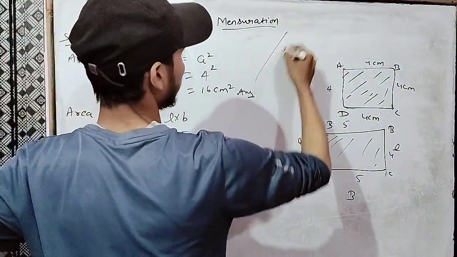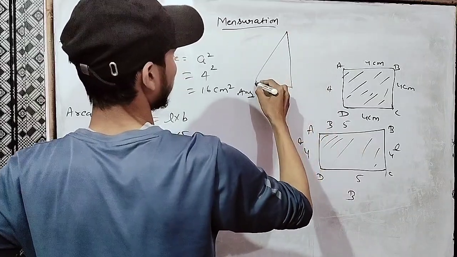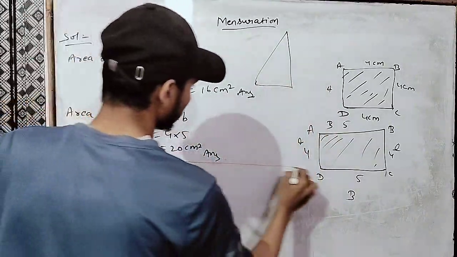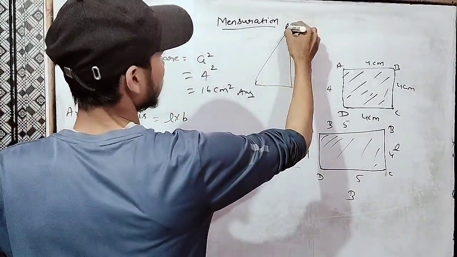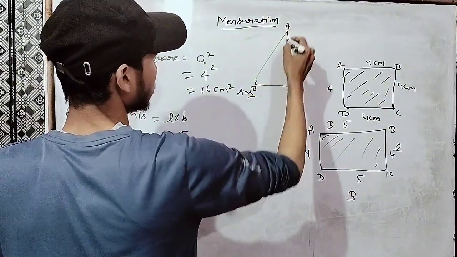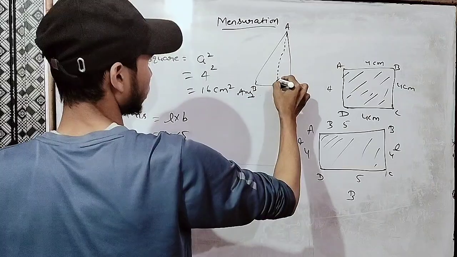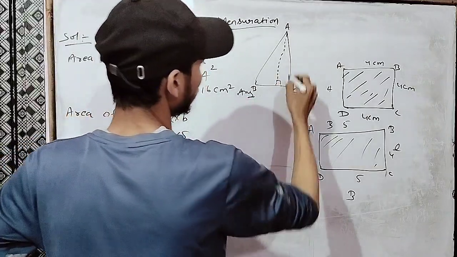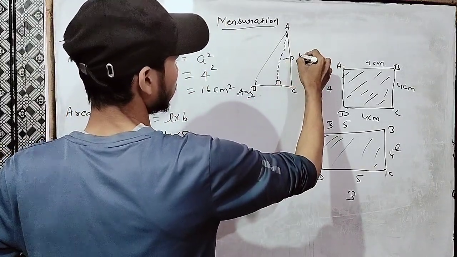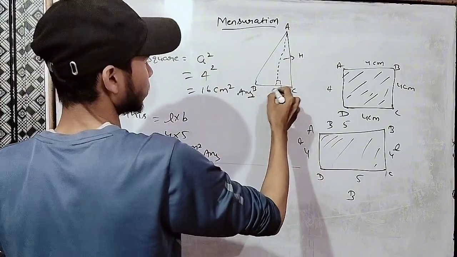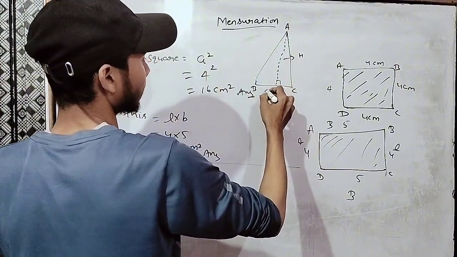What about a triangle? A, B, C. Here we will draw a perpendicular line for height. So this will be known as height and this will be known as base.